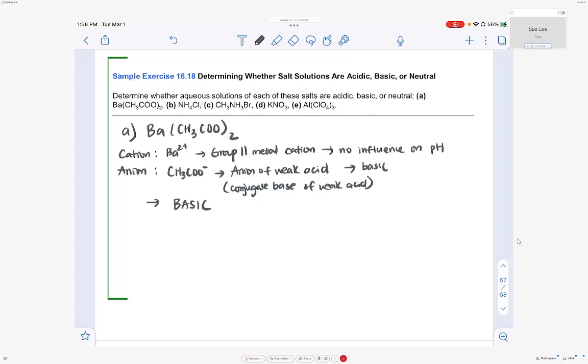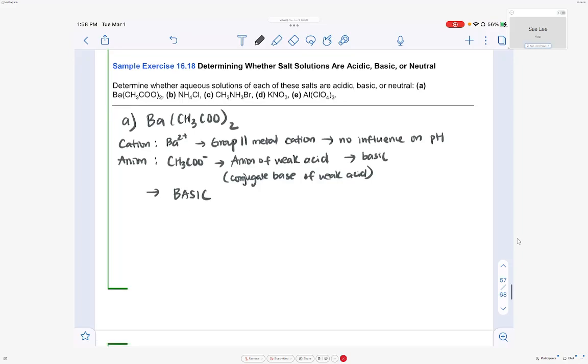Has influence on pH. So overall salt solution is going to be basic. Why? Because of the presence of this acetate anion.